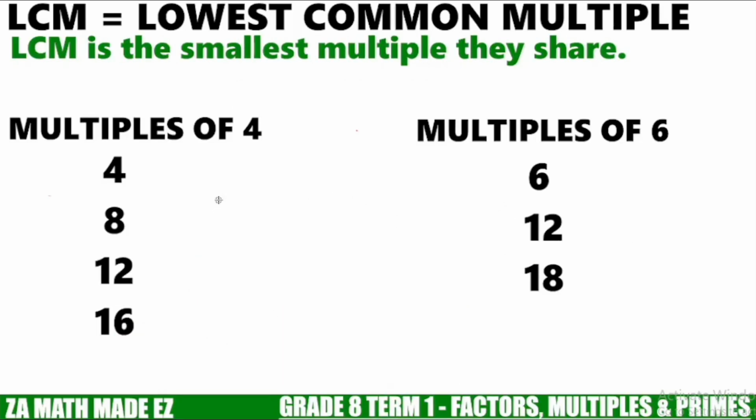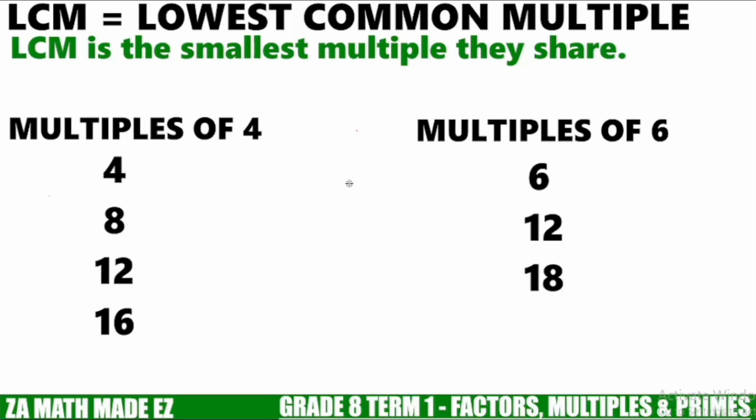LCM. LCM means lowest common multiple. LCM is the smallest multiple shared between two numbers. For example, what is the LCM of 4 and 6? First, you must find the multiples of 4: 4, 8, 12, and 16. And the multiples of 6 are 6, 12, 18. So, what's the lowest common multiple shared between 4 and 6?